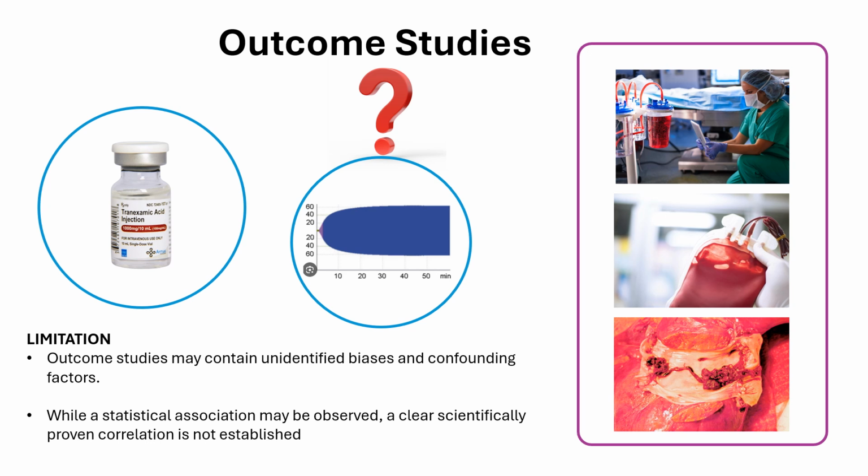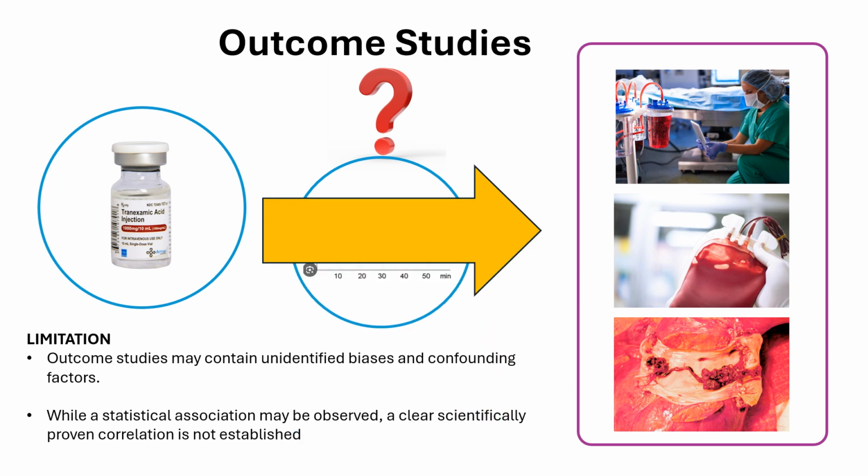Now we will look into several outcome studies. And I'd like to discuss the limitations when we look into outcome studies. In outcome studies, we look into an intervention like giving some antifibrinolytics. We do not look into what's happening with the blood itself. There's no viscoelastic testing like ROTEM or TEG involved, but we look into the outcome of blood loss, the amount of transfusion, or thrombotic events.